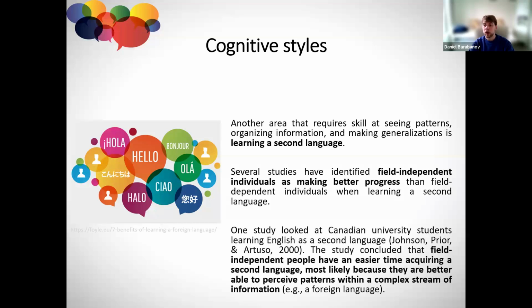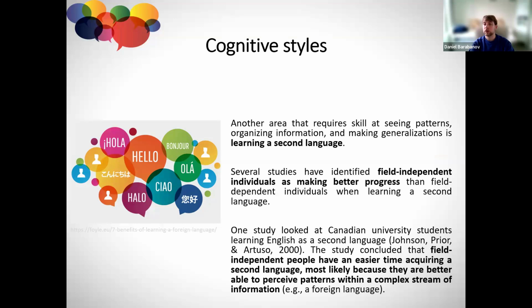So why? Let's try to understand this. One study looked at Canadian university students learning English as a second language. The study concluded that field-independent people have an easier time acquiring a second language, most likely because they're better able to perceive patterns within a complex stream of information.